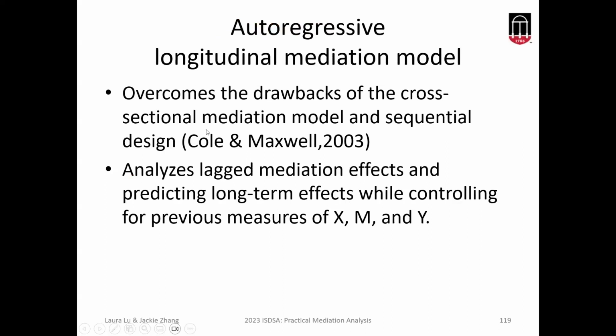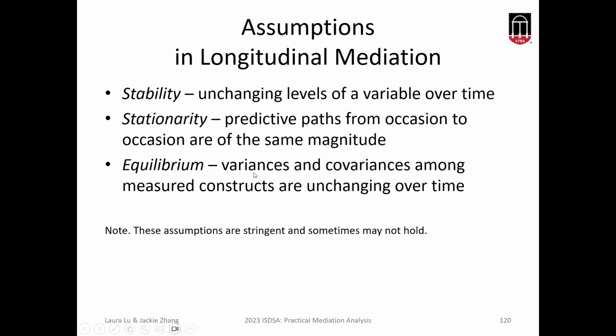We have some research articles talking about the bias. If the true model is an autoregressive longitudinal mediation model, but you use a traditional mediation model, the estimate will be biased.